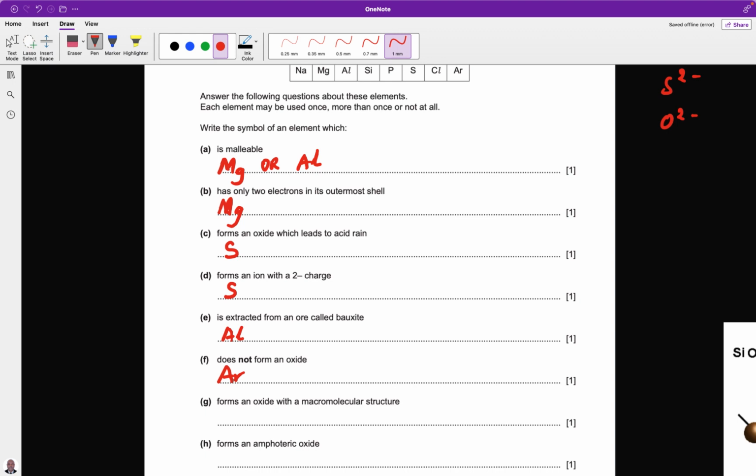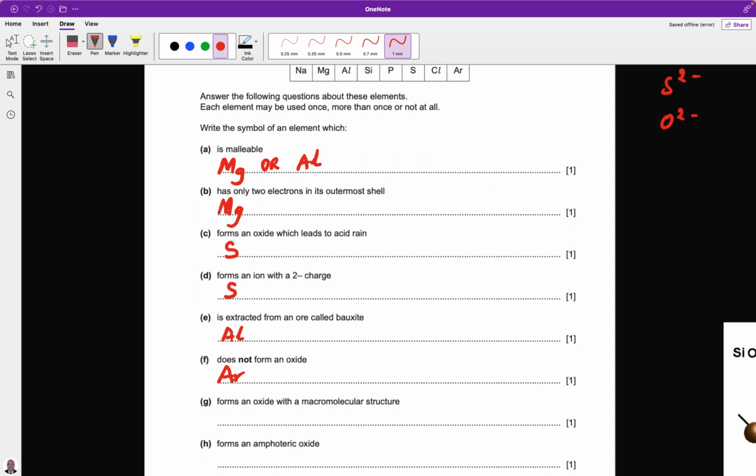Then G. Write the symbol of an element which forms an oxide with a macromolecular structure. When we were dealing with the structures of non-metals, we talked of simple covalent structures and giant covalent structures.